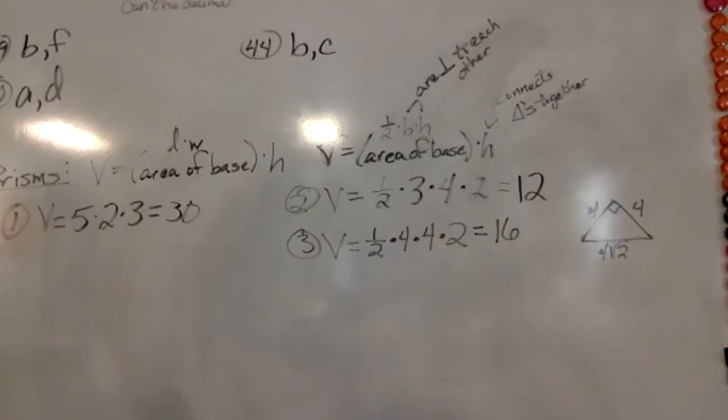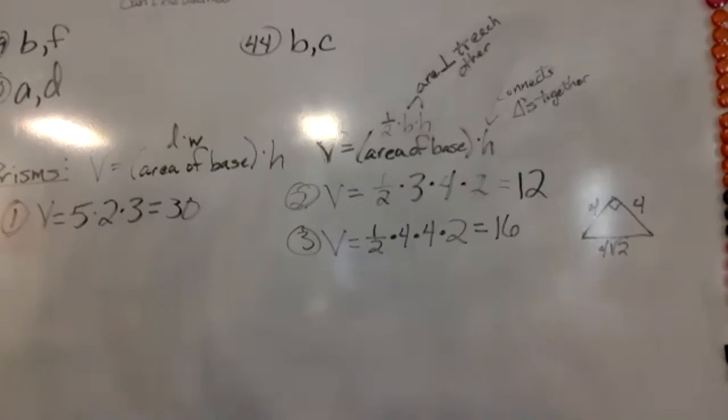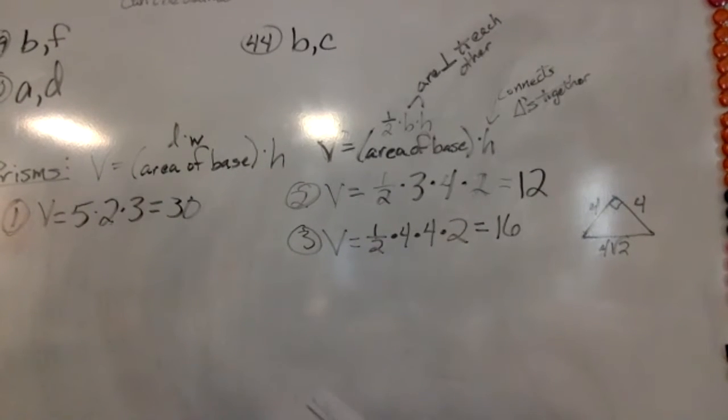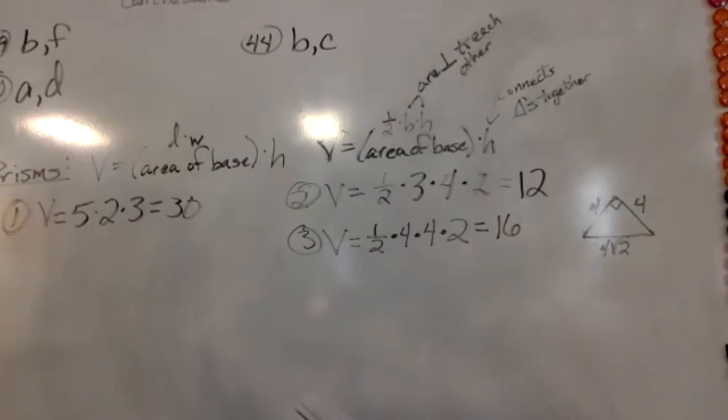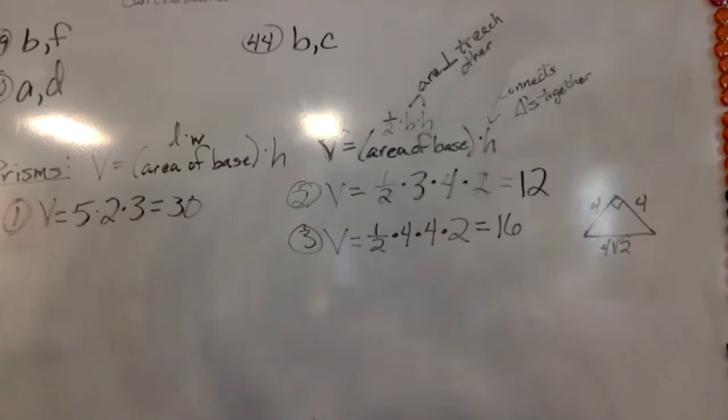Is number 4 like number 1 or number 2 and 3? It's like number 1, for rectangular prism. Okay, rectangular prism, remember the volume is length times width times height, correct?